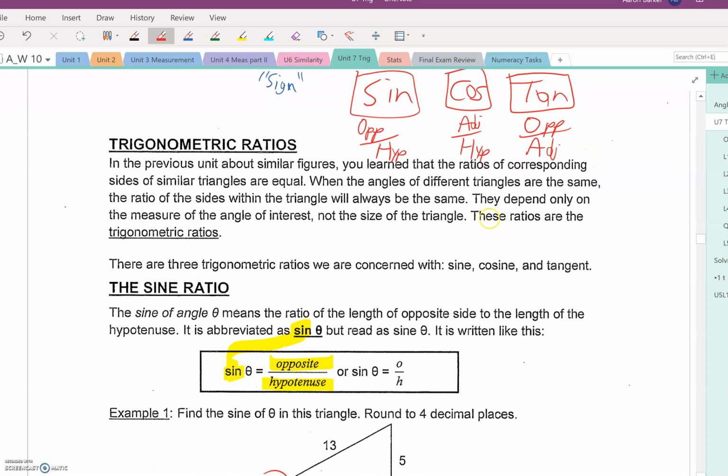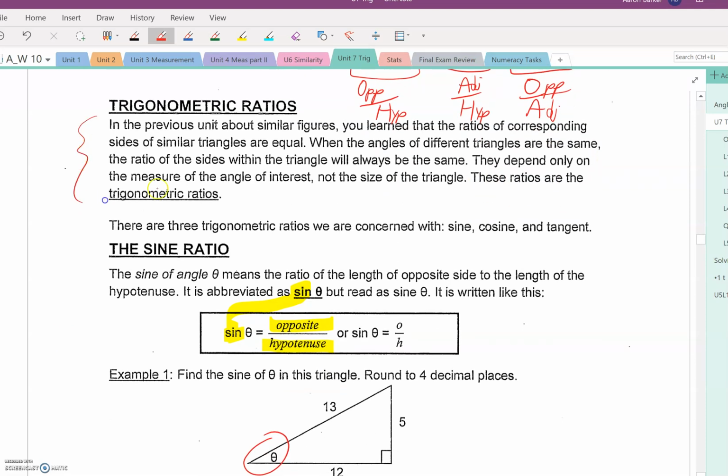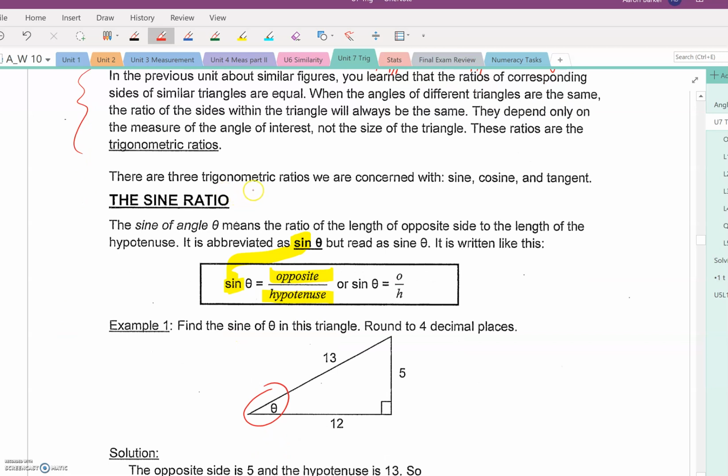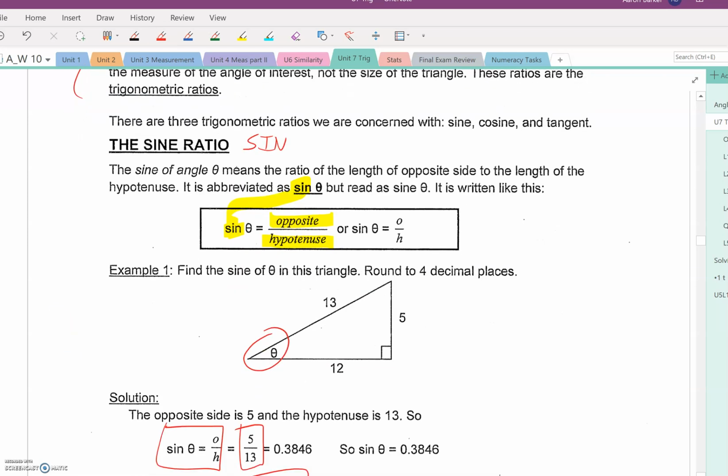There's a little blurb you can read here. Sine ratio, again, on our calculator, you will see the word sin. Okay, so sine theta equals opposite over hypotenuse. Here, the first thing you do is label your HOA. Number one, label your HOA always.